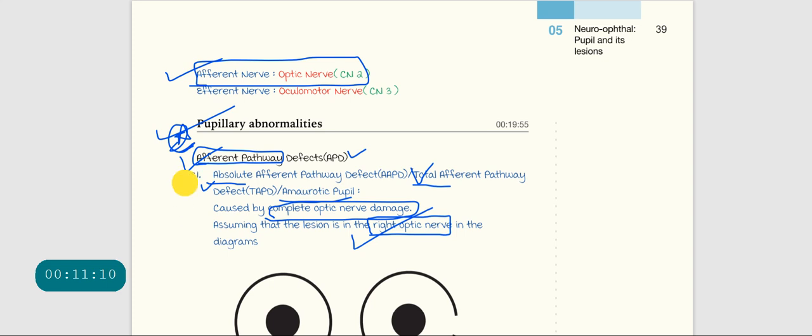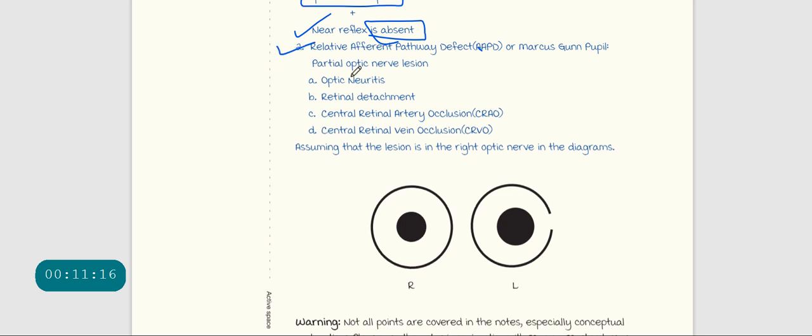Now coming up to relative afferent pathway defect, also called as Marcus Gunn pupil. This is a partial optic nerve lesion. Only a part of the optic nerve is damaged.